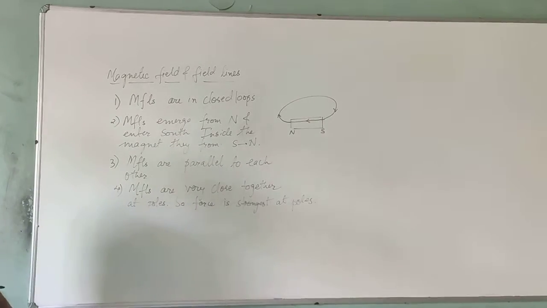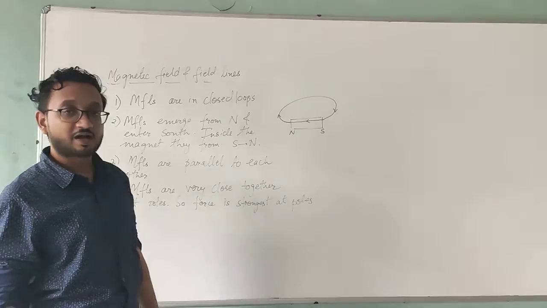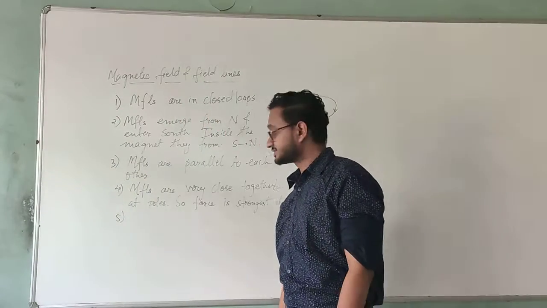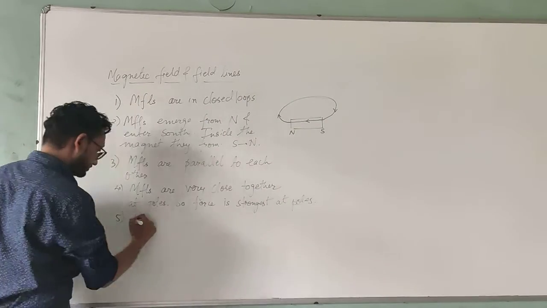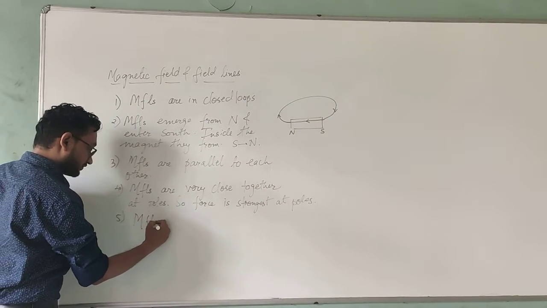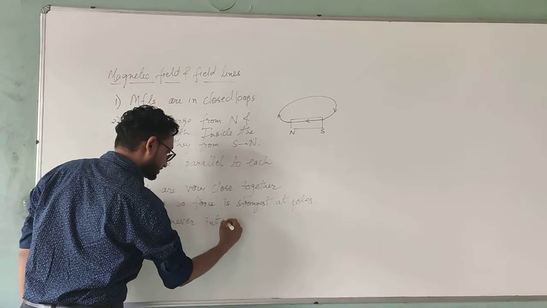And the last one, which is the most important one, is that the magnetic field lines never intersect each other.